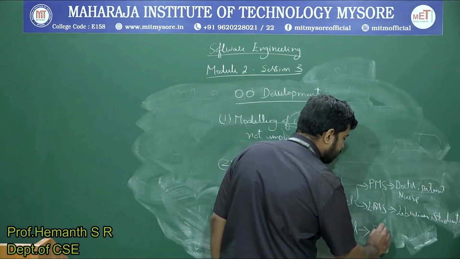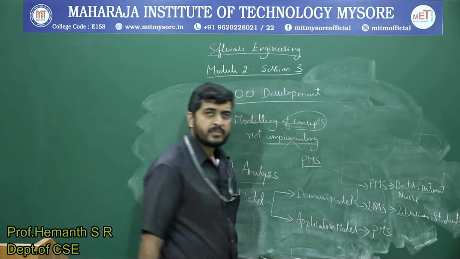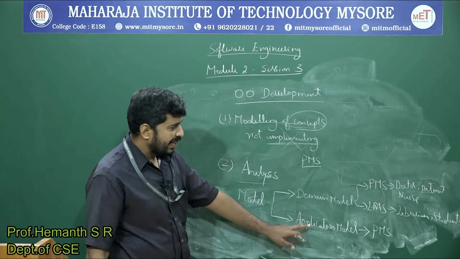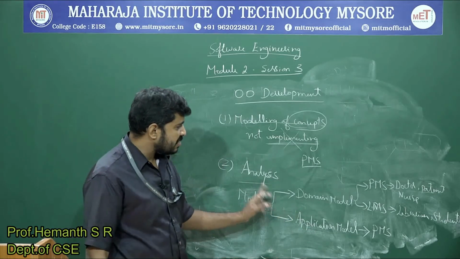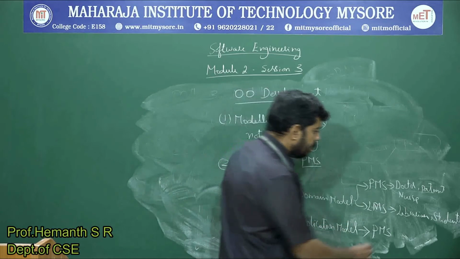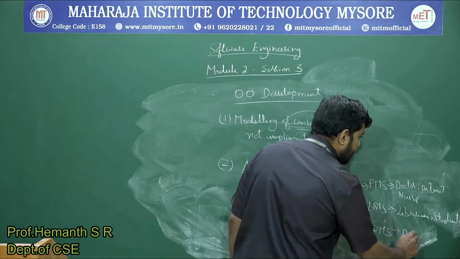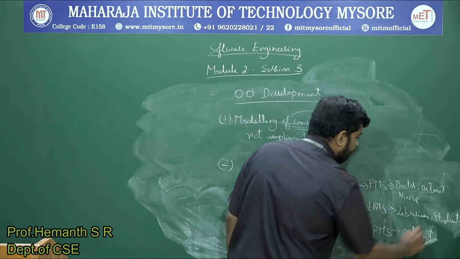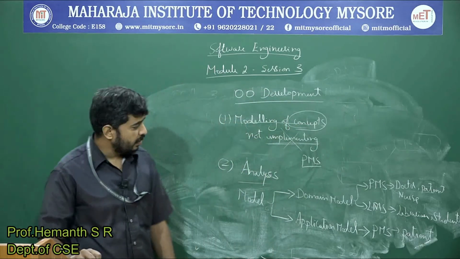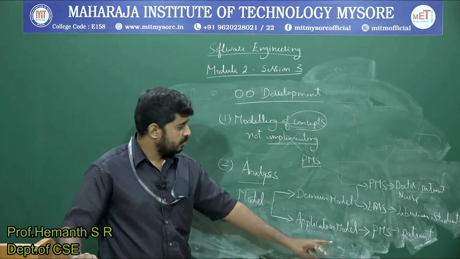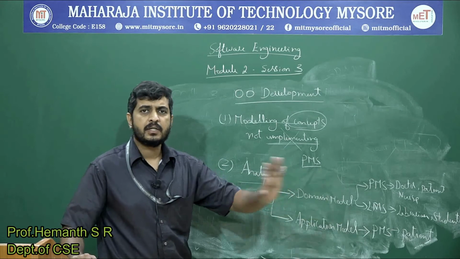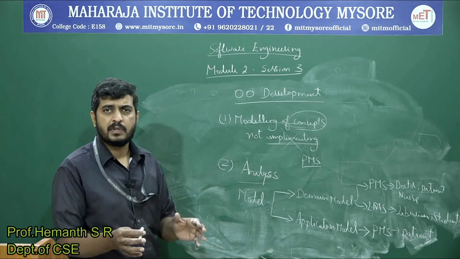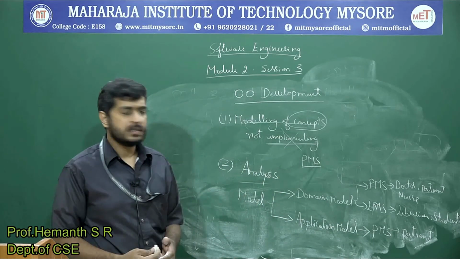For example, consider it as a patient monitoring software. Okay. And in the application model, the analyst wants to design the parts of the system that should be visible to the patient, and the parts of the system that should not be visible, that should not be accessible to the patient.